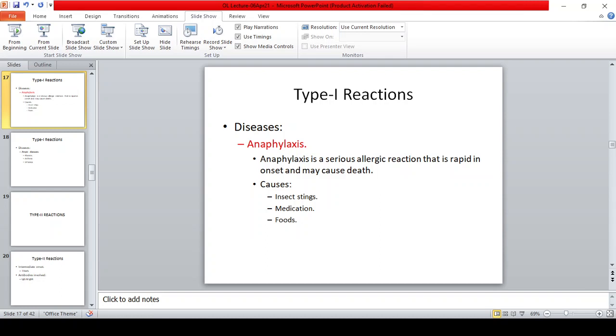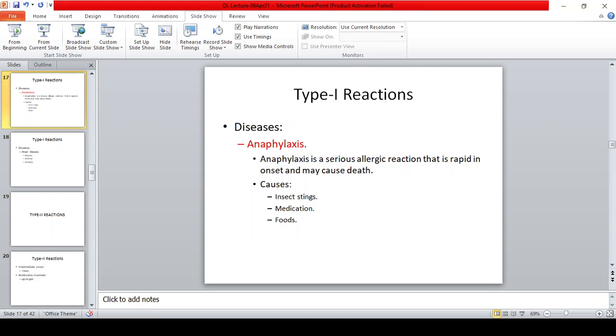These type 1 reactions underlie diseases like anaphylaxis, which is a serious allergic reaction that is rapid in onset and may cause death.